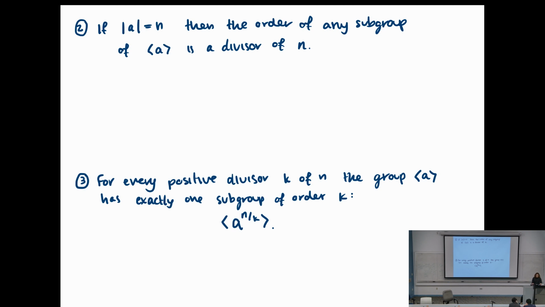My hint is to use the fact that we have already proven in the previous part that if you have a subgroup, so let's say H is the subgroup, then H is equal to A to the M for some M. So this is work that we did in the previous part. I'll give you a few minutes to think about how we might prove 2, and then we can talk about it.